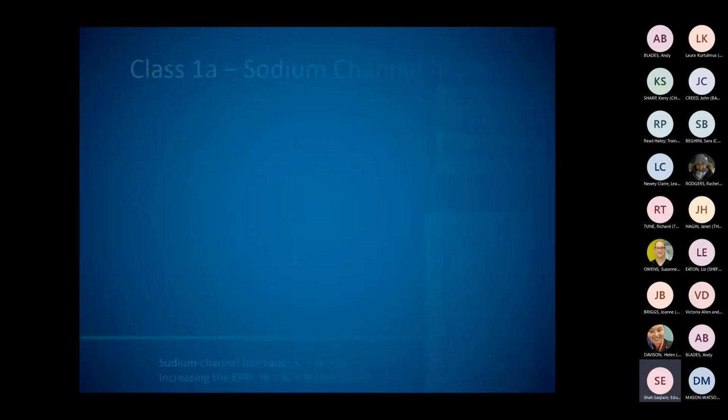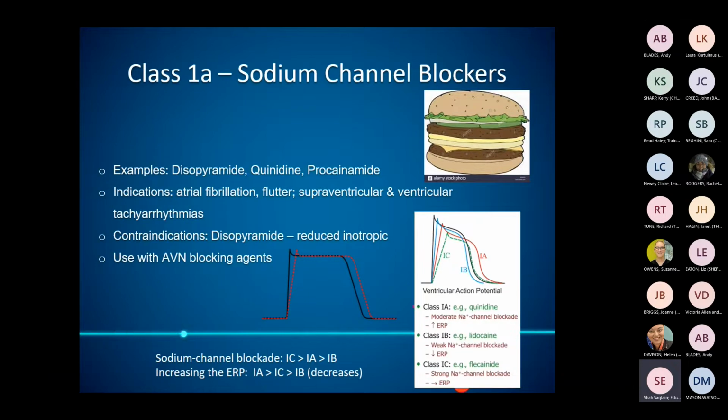So the first one that we want to look at is our sodium channel blocker. The obvious thing that you'll notice is a diagram in the middle of this slide, which looks similar to what we went over at the beginning of the session. Now, what you're going to be able to hopefully tell me, and like I said, we're not face to face, so I'm going to speak on your behalf, is that this diagram's telling me that this class of drug is causing a slope on the depolarization phase, and as well as causing an initial slope, that slope is then delaying everything else that proceeds.